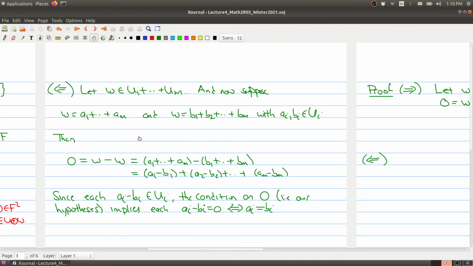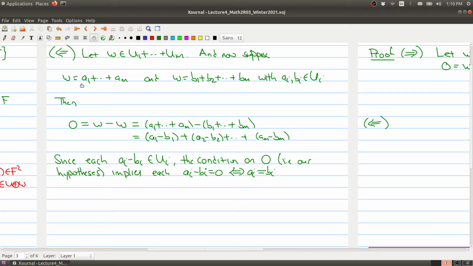So what this means is that A1 is equal to B1, A2 is equal to B2, so there's only one way to write W. So there is a unique way to express the vector W. So U1 up to UM is a direct sum.